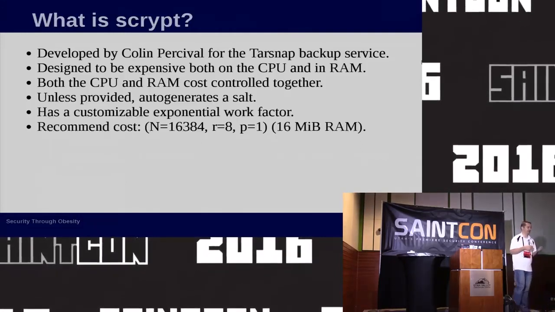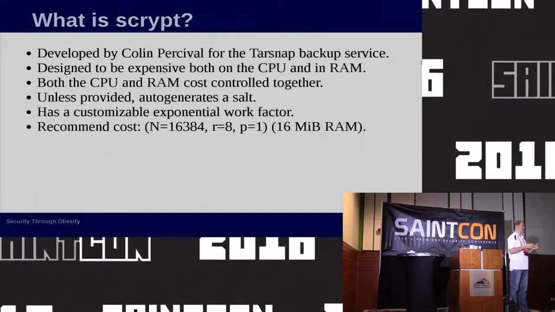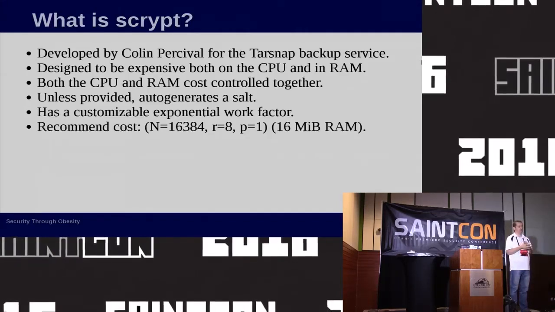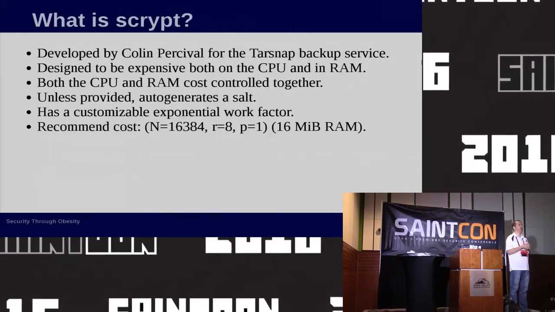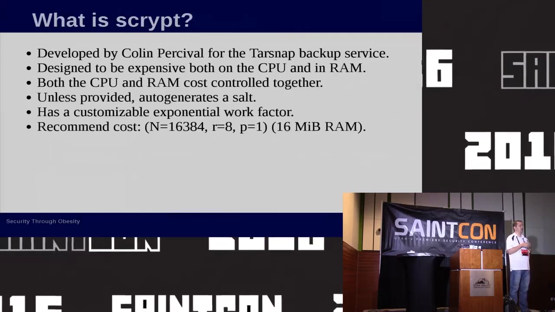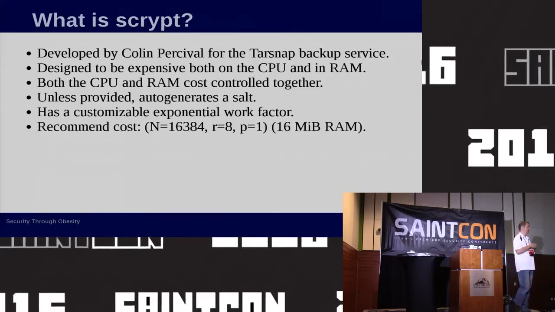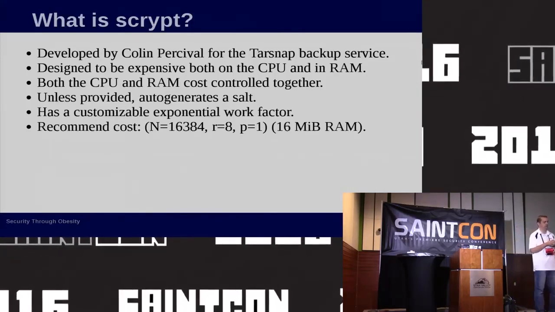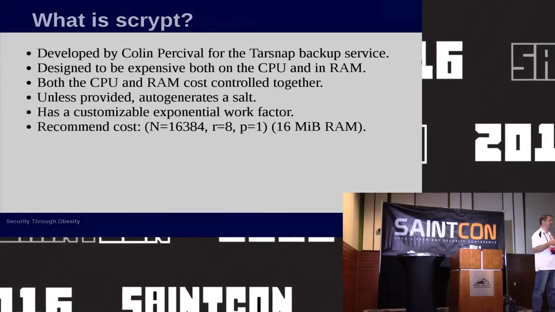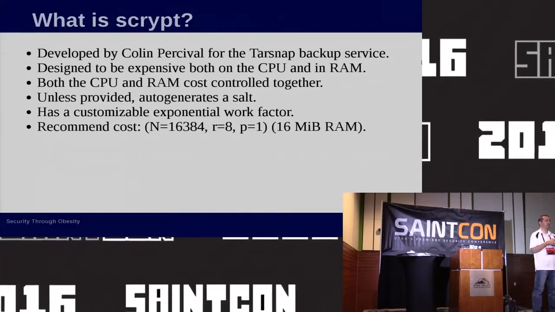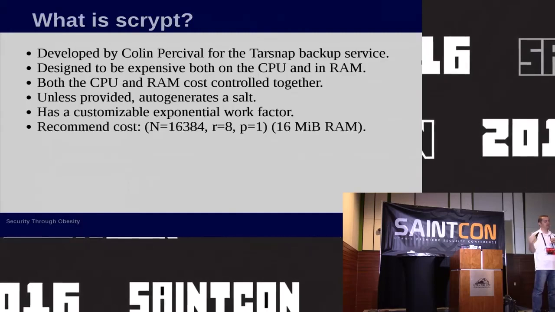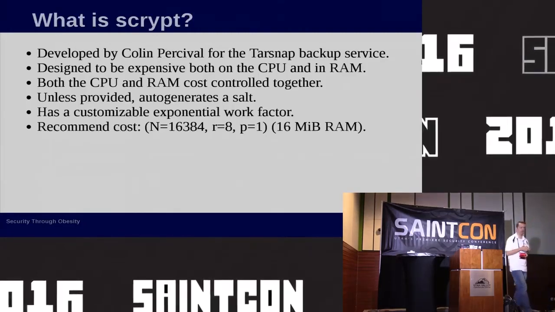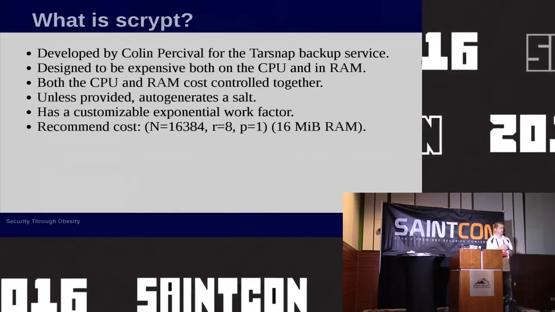The idea is that GPUs or FPGAs or ASICs are going to be limited on memory. So if I can afford 16 megabytes or 32 megabytes or whatever of RAM to dedicate as part of the cost in producing the hash, then maybe I can thwart these targeted attacks.